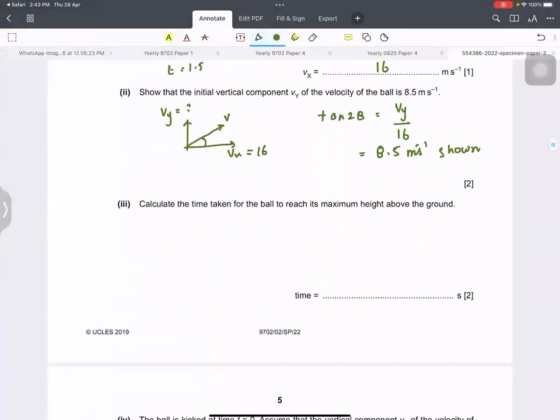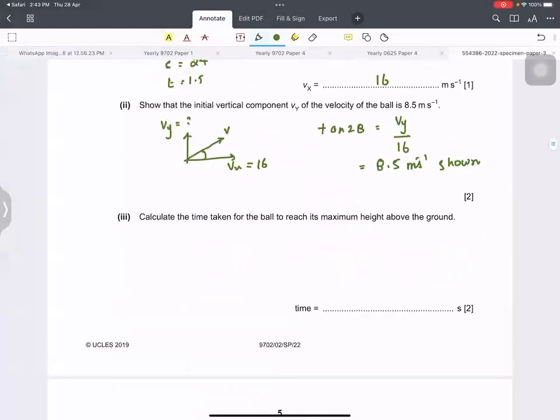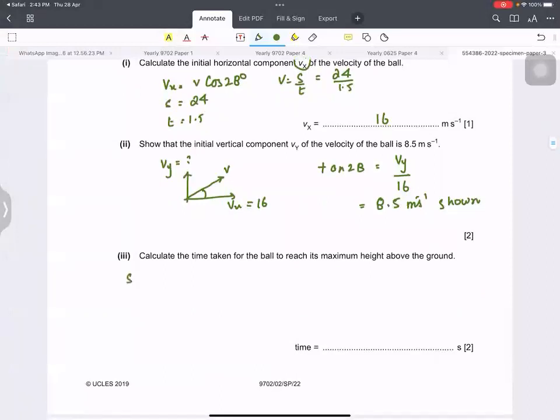Okay, then calculate time taken for the ball to reach the maximum height. Okay, so for my height it is SUVAT. We want to find this. Initial velocity, we found it as 8.5. Final should be 0 at maximum height. It is going against gravity, so we're going to use this minus, and time we don't know.